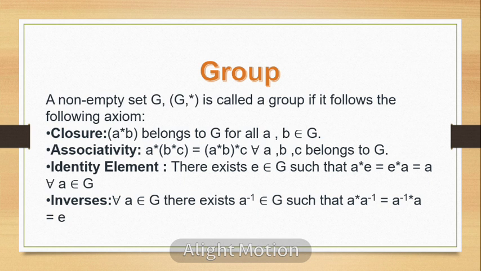For all A belonging to G, there exists an A inverse belonging to G such that A star A inverse is equal to A inverse star A is equal to E. What it means is that for each element there exists an element such that if we operate it with star, it will return the identity element, and that element is called an inverse element.